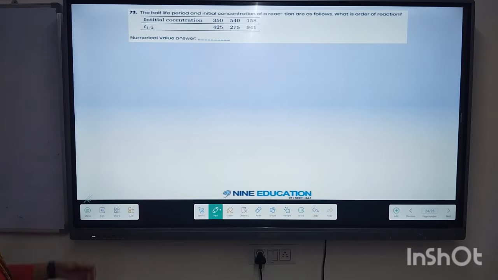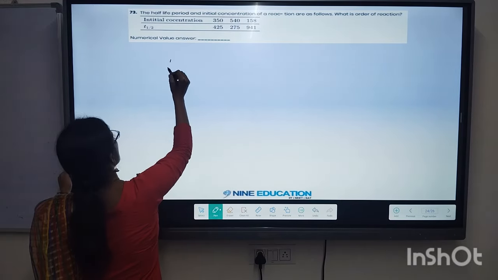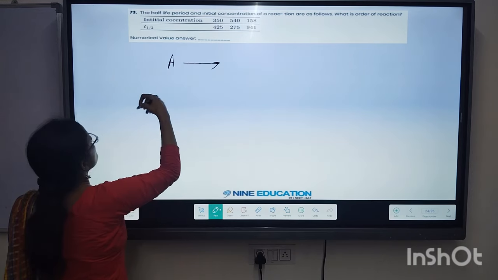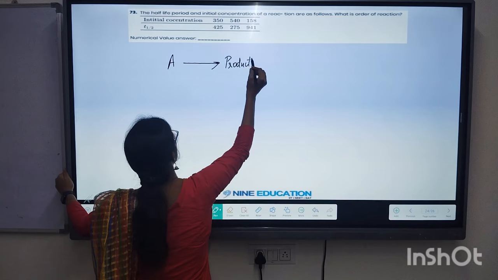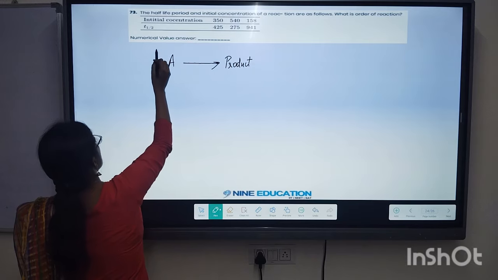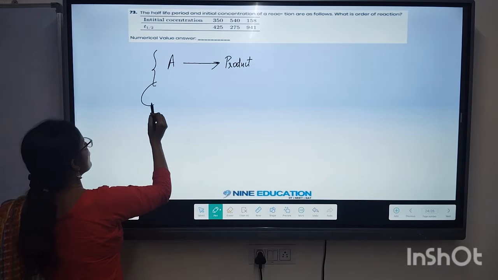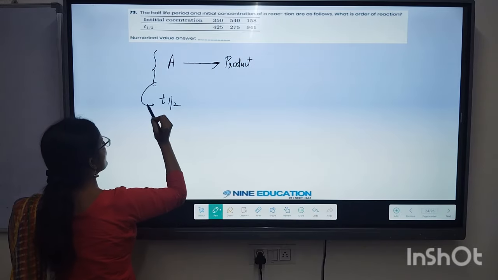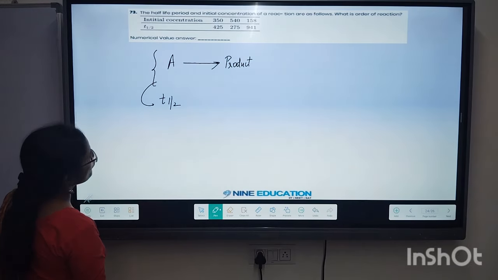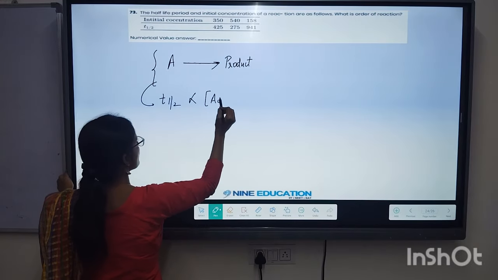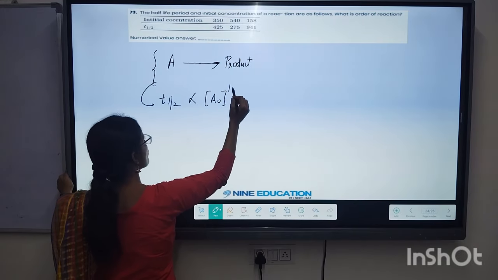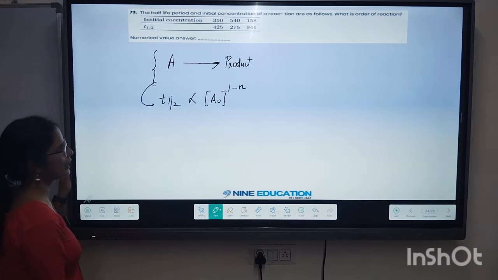Now if the initial concentration is given and t half-life is also given, we need to find the order of the reaction. So take one general reaction. Let us say A gives us some product. Let us say this is an nth order reaction, and for an nth order reaction, the half-life period is directly proportional to the initial concentration of reactant A raised to the power 1 minus n, where n is the order.